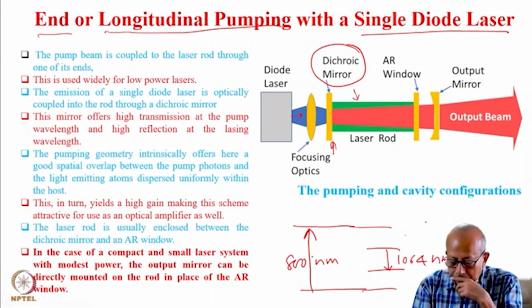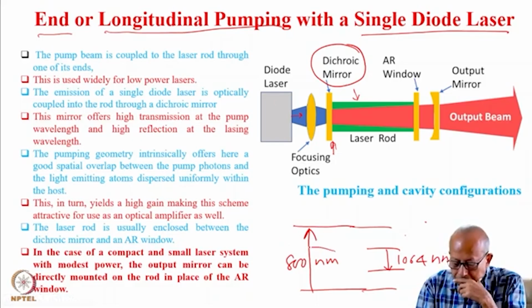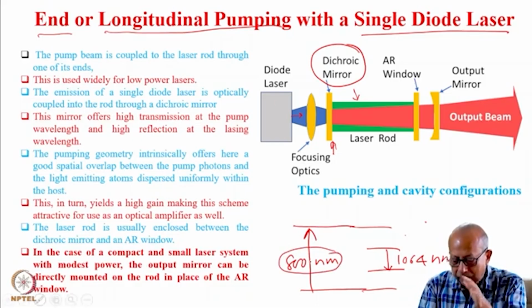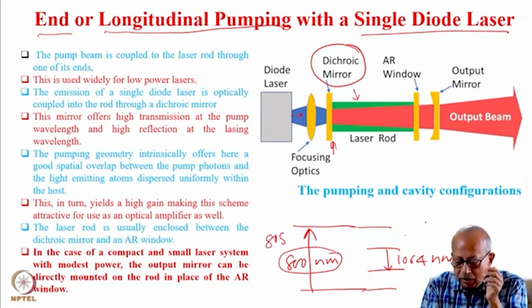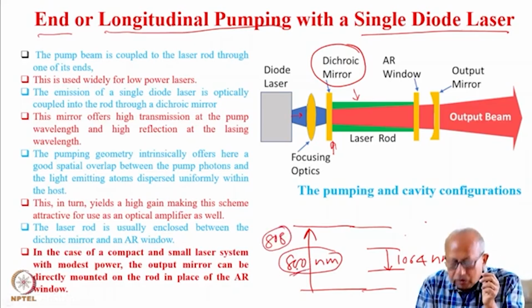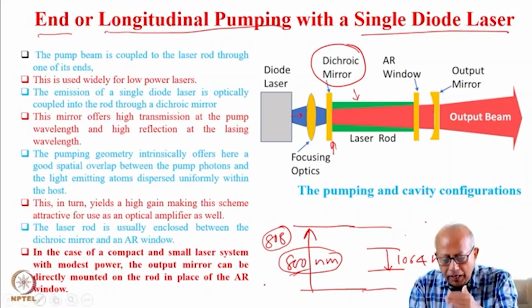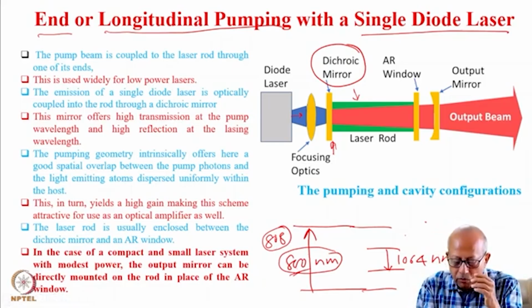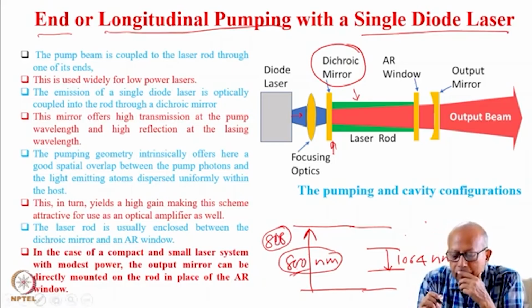The diode laser operates at around 800 nanometer. Actually, 808 nanometer is the diode wavelength available closest to this pump wavelength. So 808 nanometer is the wavelength of the diode.